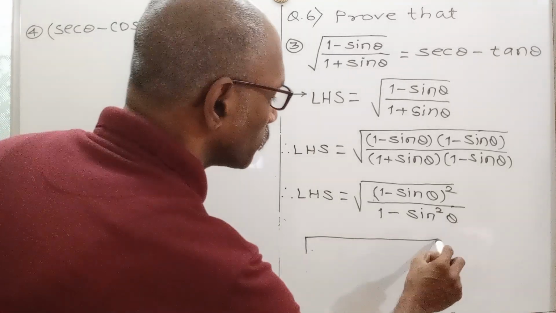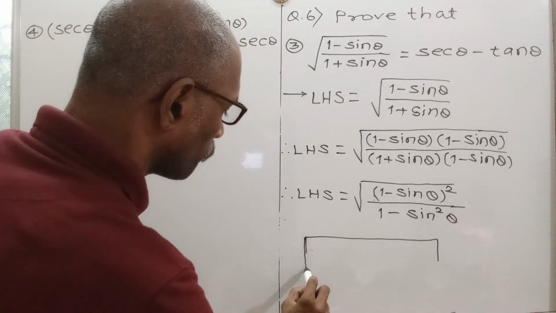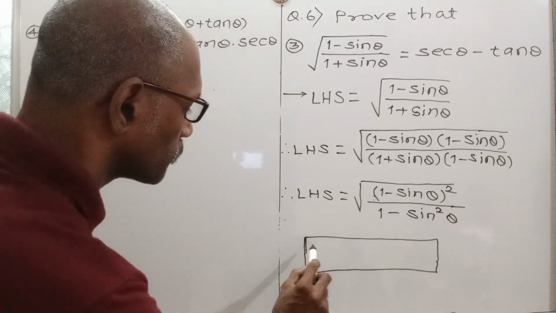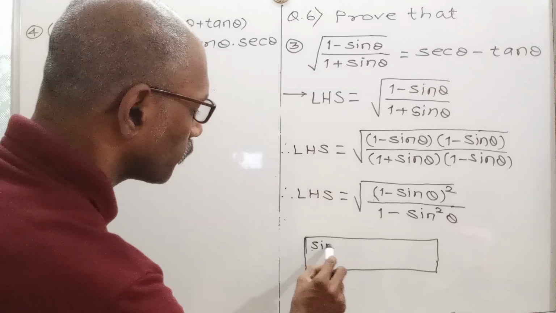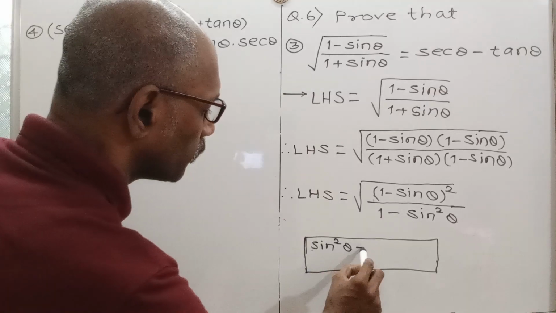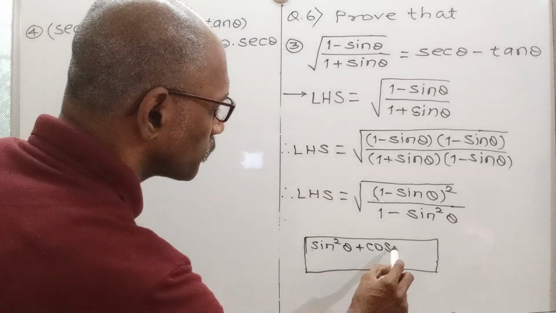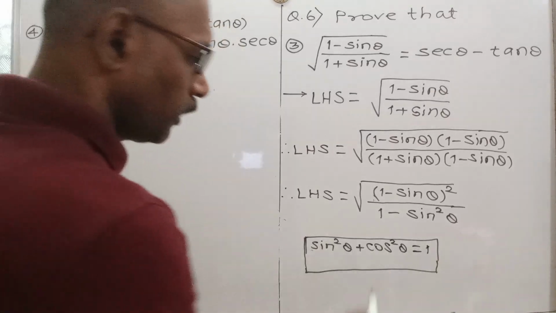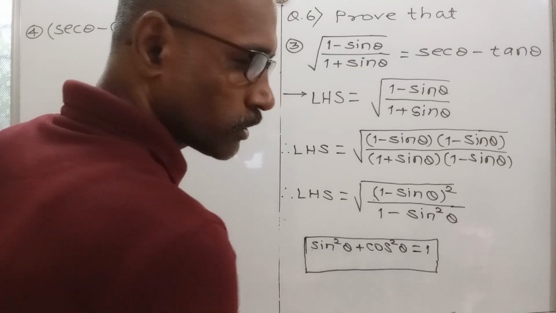Now see carefully. I will write the formula for your proper understanding and convenience. Sin square theta plus cos square theta is equal to 1. Now see 1 minus sin square theta.